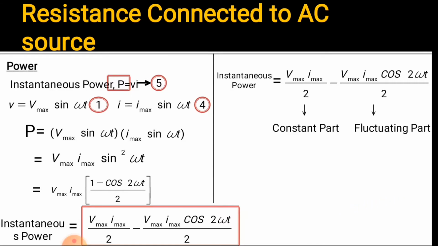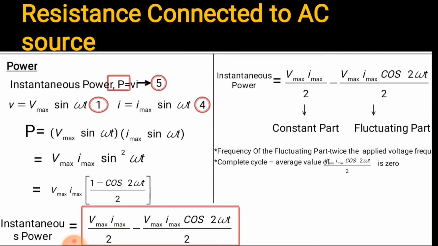The frequency of the fluctuating part is twice the applied voltage frequency. For a complete cycle, the average value of Vmax Imax cos 2ωt/2 is 0.